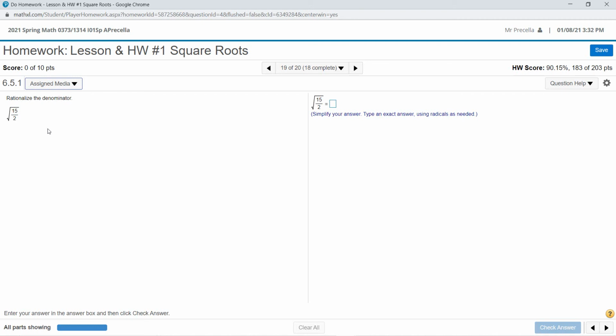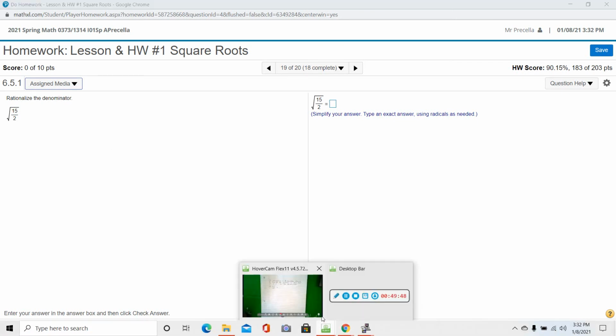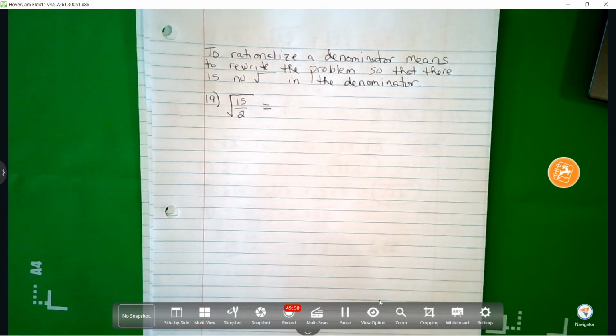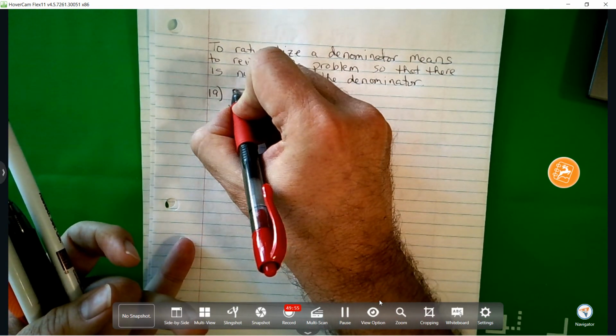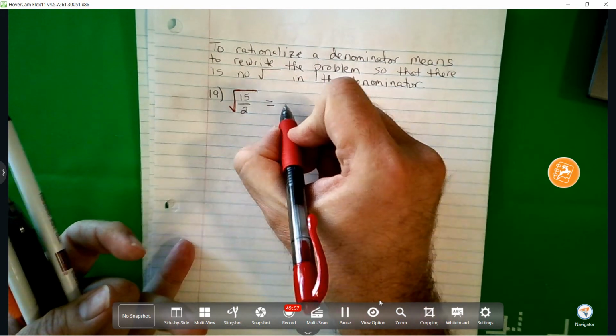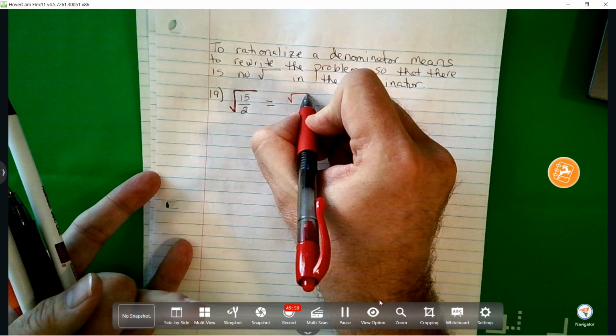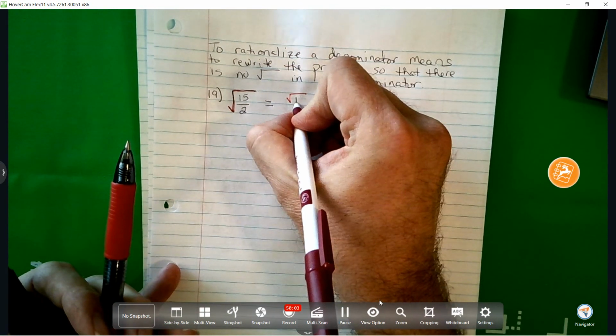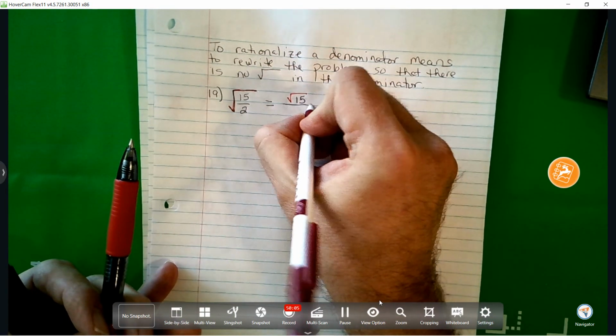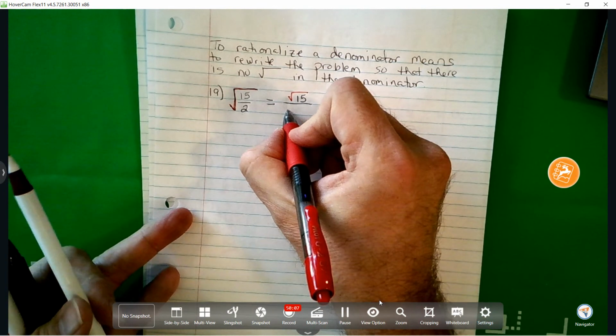Well, notice the 15 and the 2 are both under the square root symbol. This square root symbol is applying to all of that. So I'm going to go ahead and write it like this: square root of 15 over square root of 2.